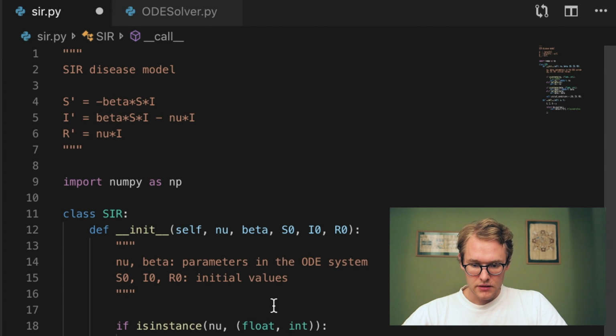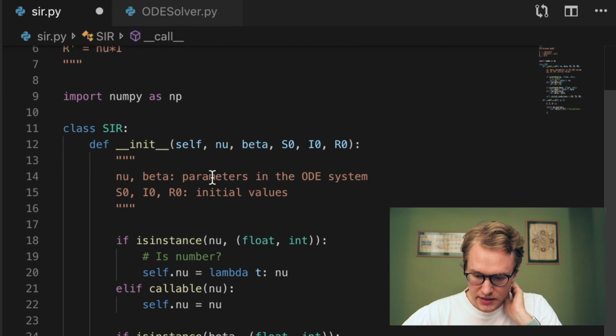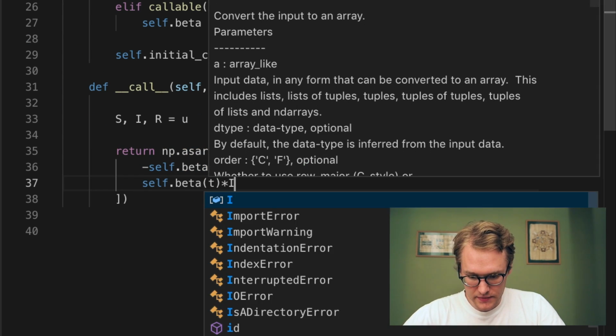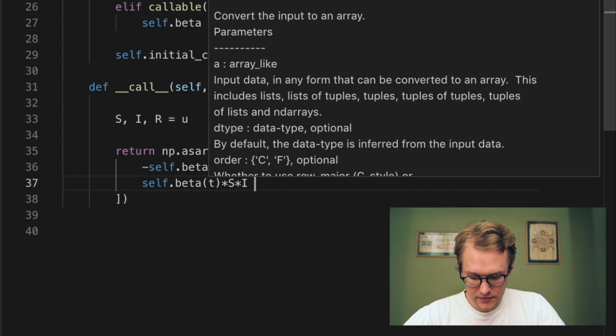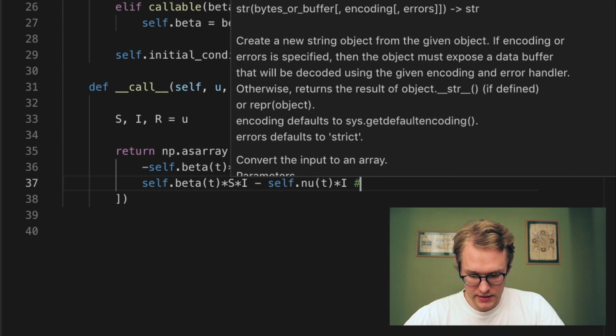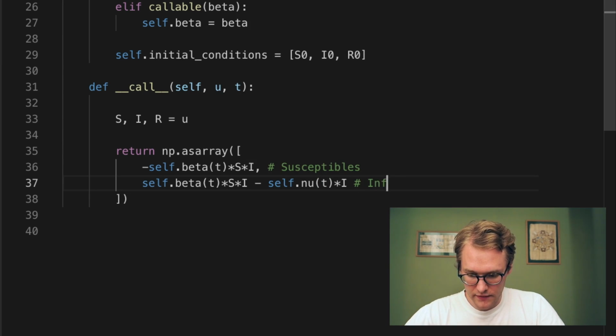The next is beta times S times I minus nu times I. So self.beta(t) times S times I minus self.nu(t) times I. These are the infected. We also need a comma.